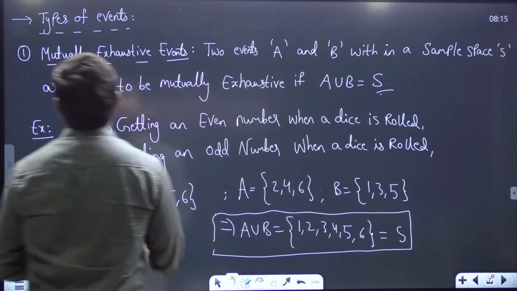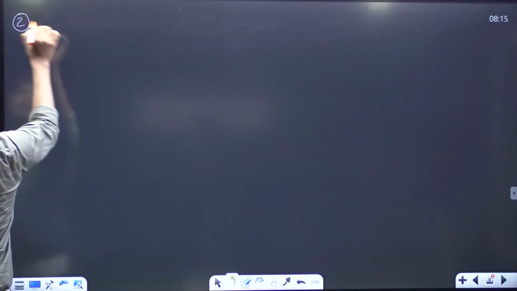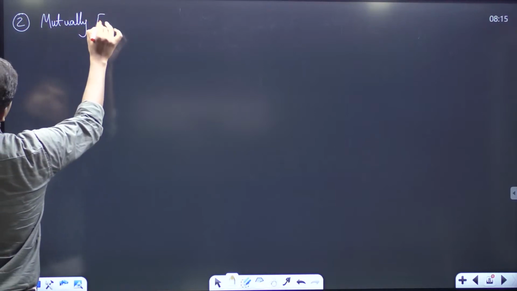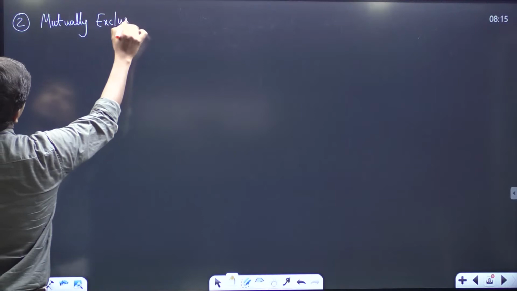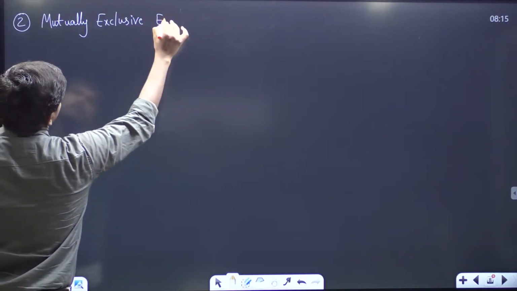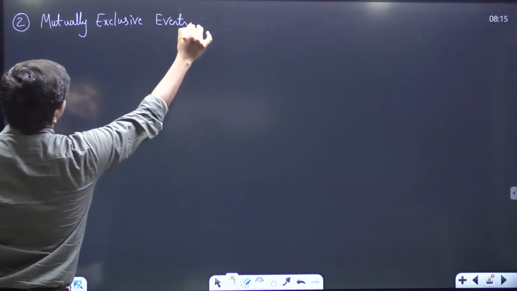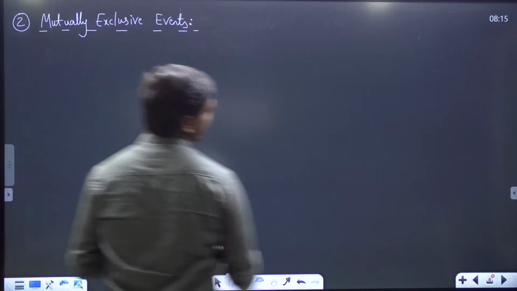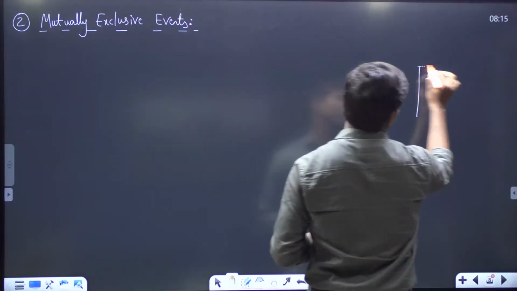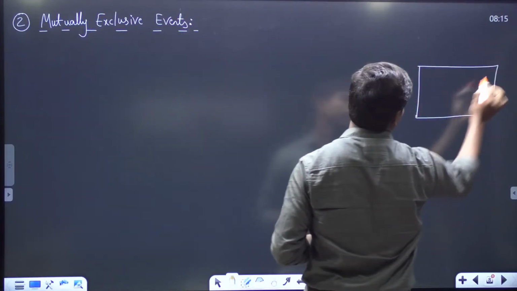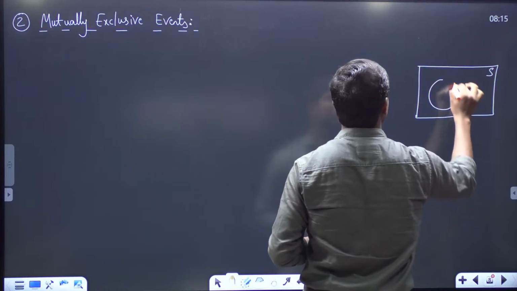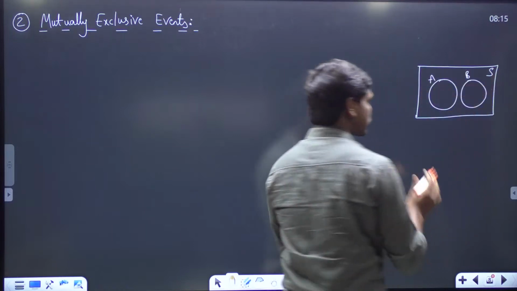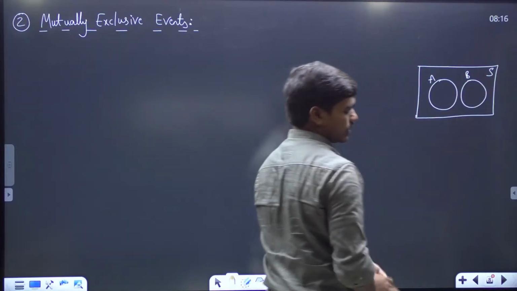Next, we'll go for one more type, which is mutually exclusive events. If you know a bit about Venn diagrams, take this complete region as the sample space, and if this is A and this is B, then they are mutually exclusive, means they don't intersect each other.